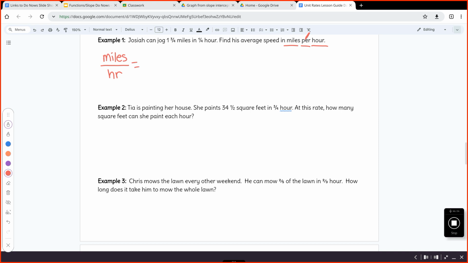So in this problem, he can jog 1 3/4 miles over 1/4 hours. Let's set this up. 1 3/4 is really 7 over 4, because 4 times 1 is 4, plus 3 gets you 7. So we have 7/4 over 1/4, which really can turn into the division problem, 7/4 divided by 1/4.